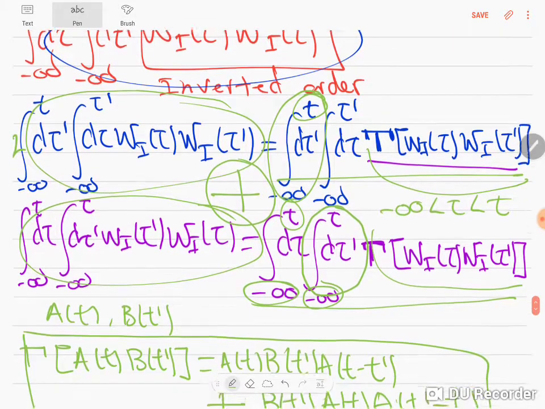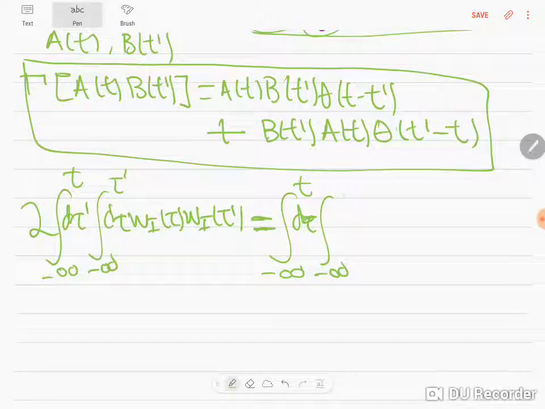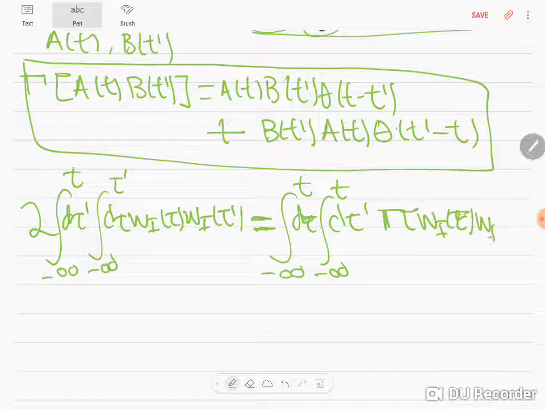Okay, so then what we have here is that this integral, after we have added the regions of integration, goes from minus infinity to t in d tau, and goes from minus infinity to t in d tau prime. Okay, and what we're integrating here is the time ordered product of the perturbations evaluated at tau and at tau prime.